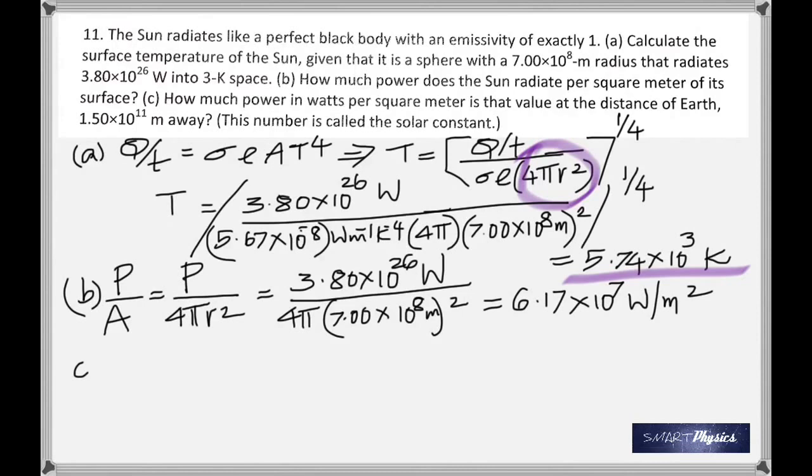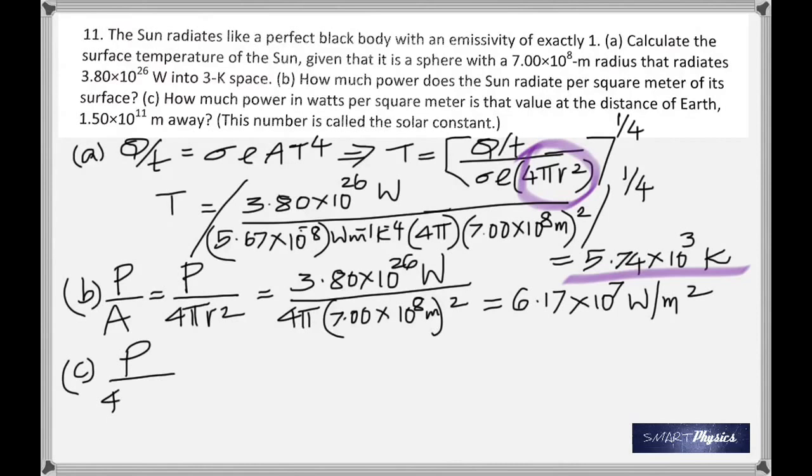In the C part, how much power in watts per square meter is that value at the distance of the earth? So now you have to imagine a sphere which has the radius equal to the distance between the sun and the earth.